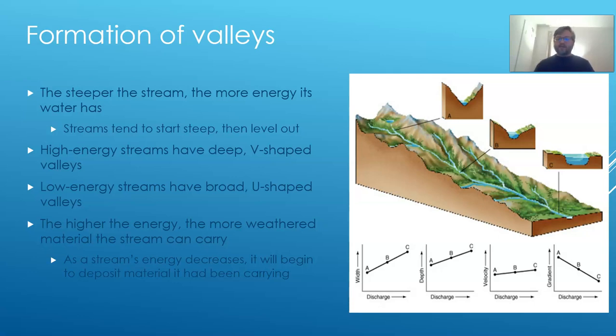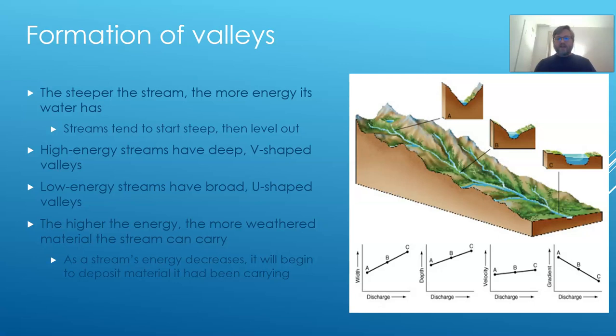When you have a low energy stream, it's flowing on a very flat surface, not going so fast, you're going to get a broad U-shaped valley. And typically, streams will start out near their headwaters, very steep, lots of energy, and as they go downward, they will start to level out and become lower energy, slower moving as they get towards their mouth, where they either feed into another stream or into a lake or ocean.